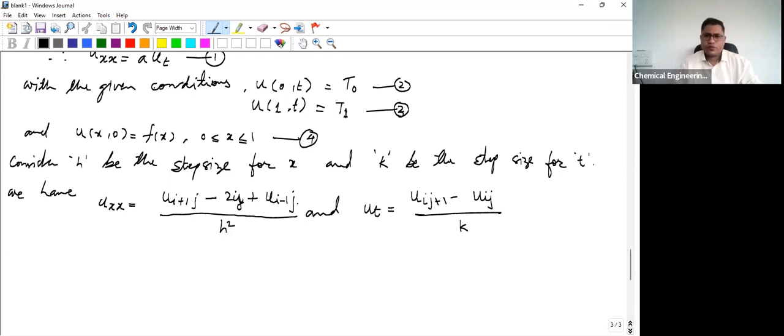This is the finite difference approximation for u_xx and u_t.